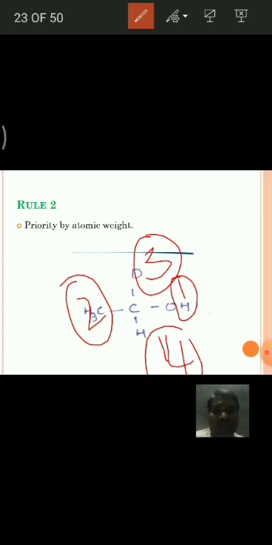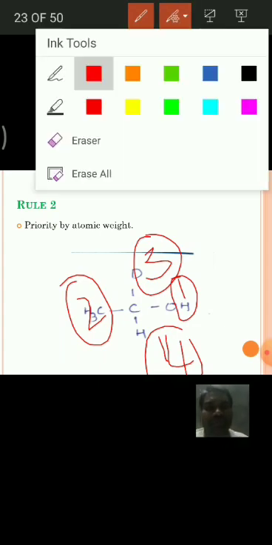I think you have understood about how to give priority. Then if you see one more example, if you observe this molecule, the chiral carbon is attached to 1 hydrogen and other 3 groups in which carbon is directly attached to the chiral carbon.